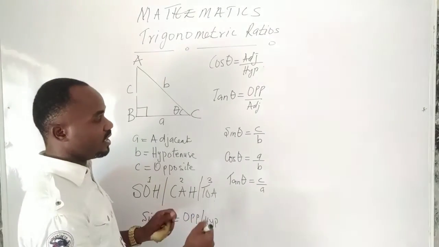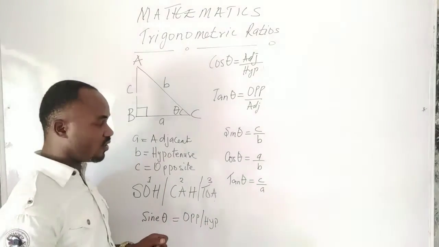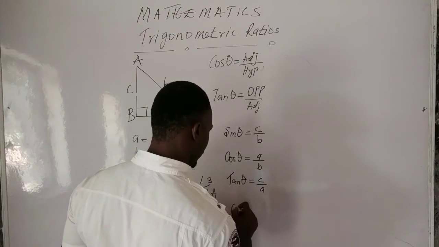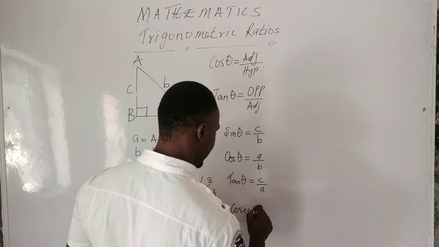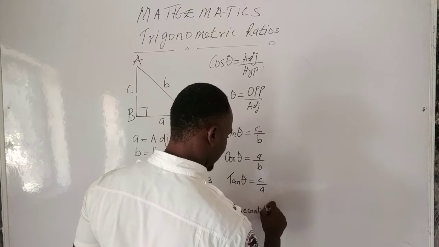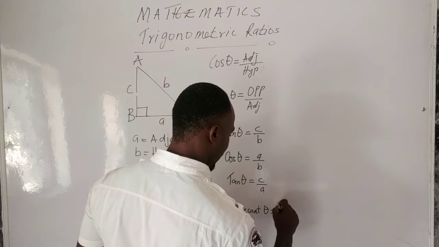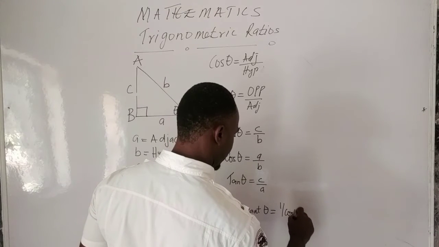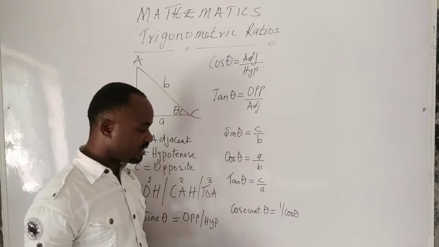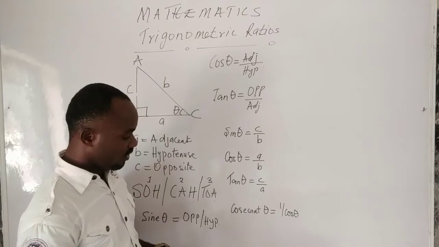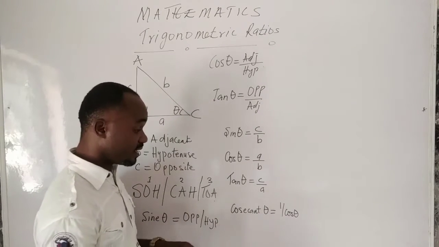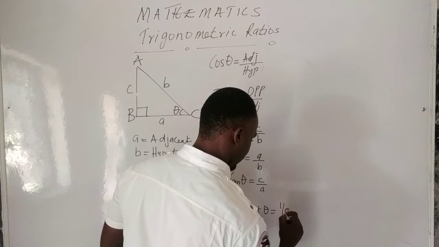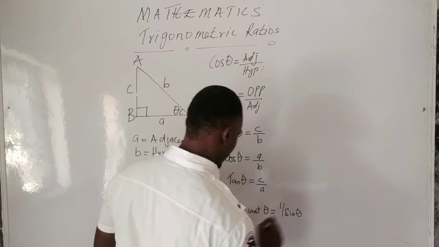So that's the summary. Then the next thing we're going to consider is other aspects like cosecant theta. Cosecant theta simply means the inverse of sine theta.